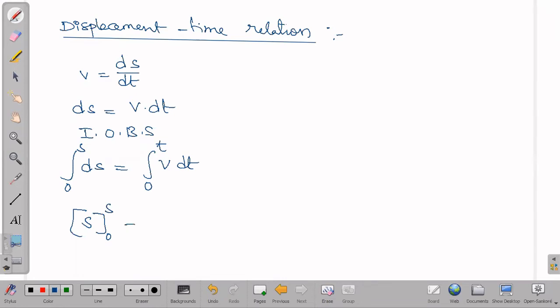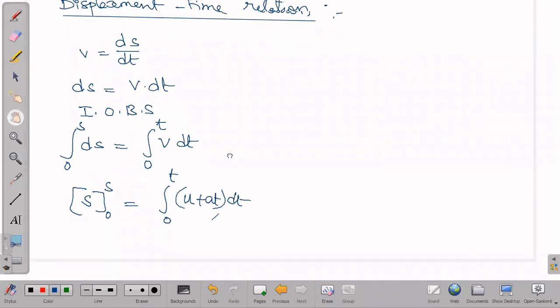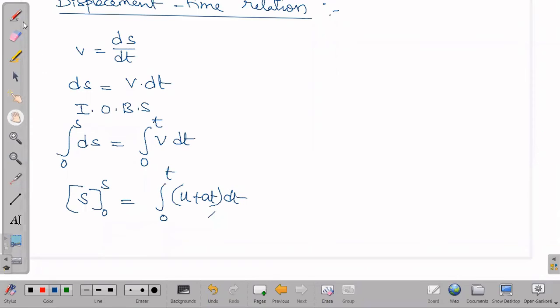Now here, v is not a constant. v is our variable. In the first equation of motion we already derived what v is: u plus at. I just use that first equation of motion and substitute it here. Now I can apply integration on both sides.